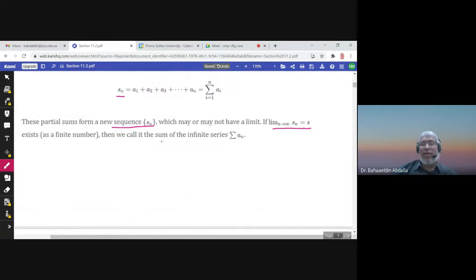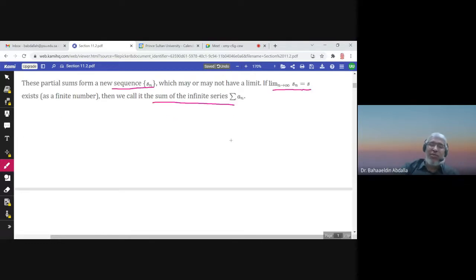Then we call S the sum of the infinite series. So S in this case, which is the limit of the sequence of the partial sums, would be the sum of the infinite series.